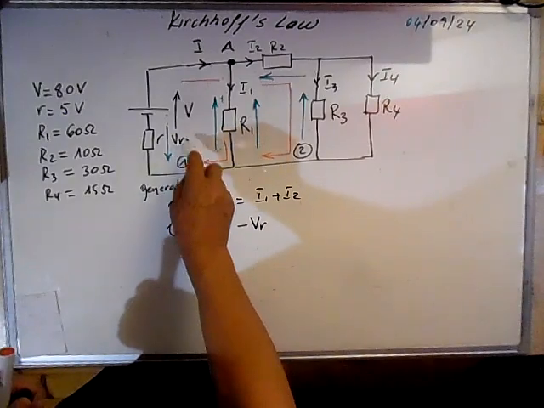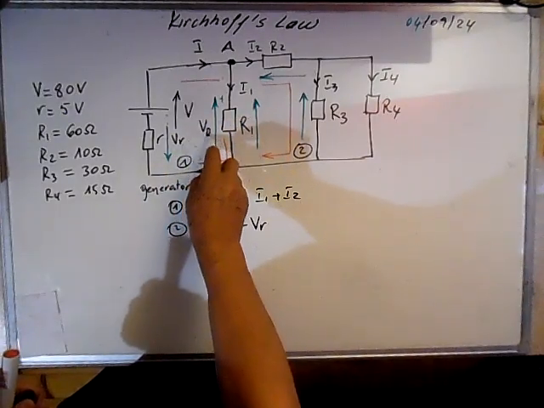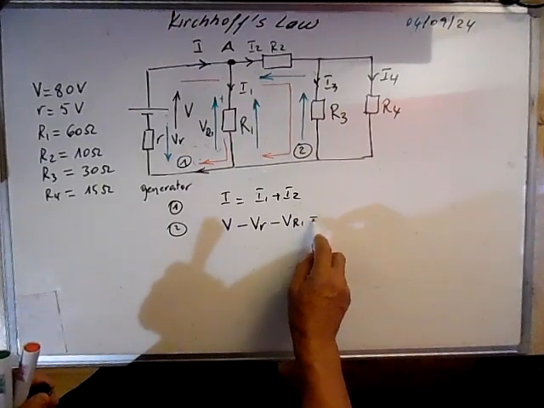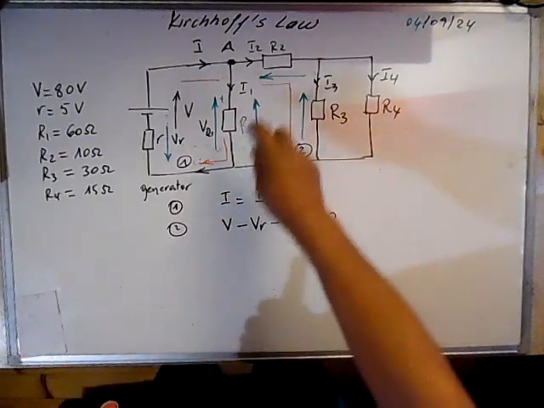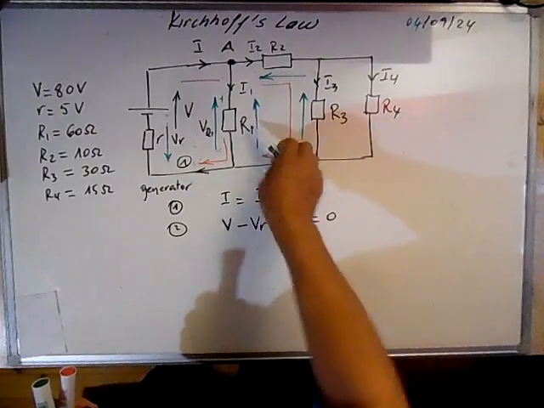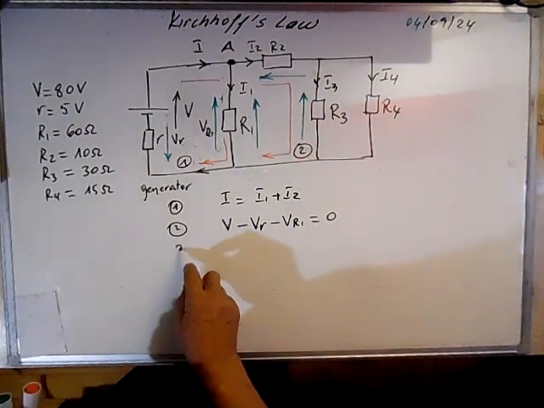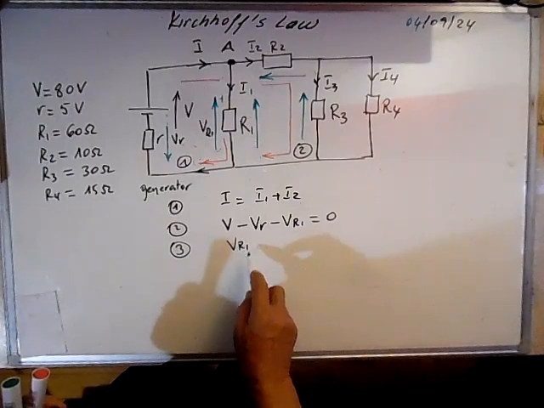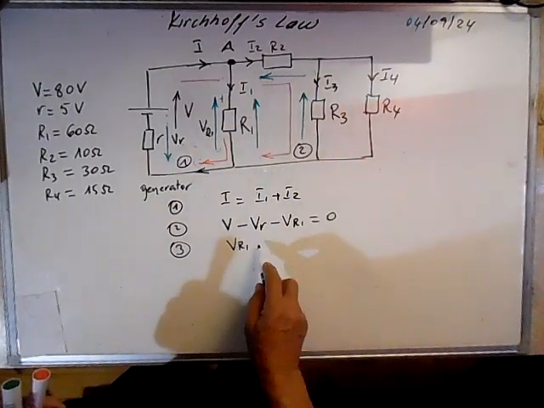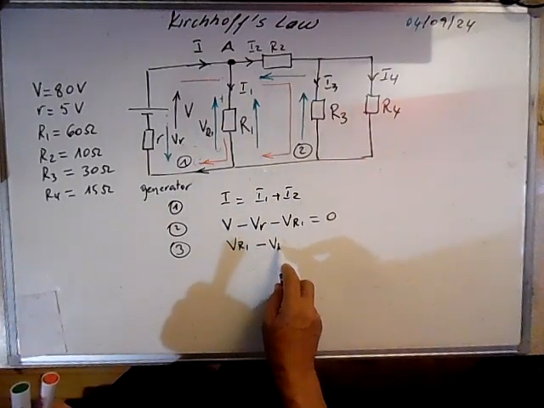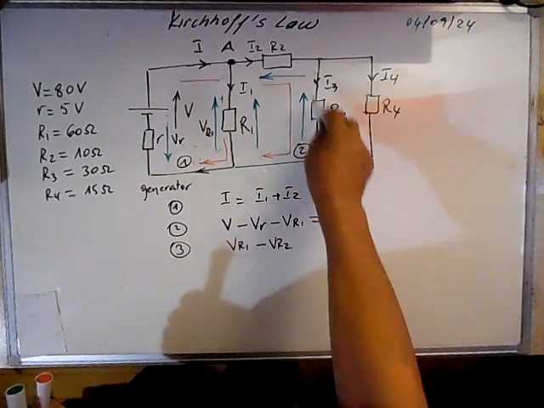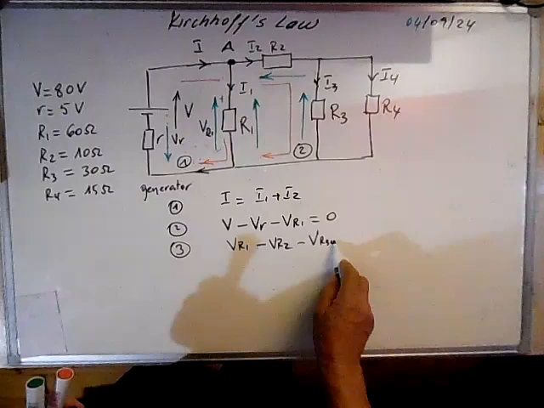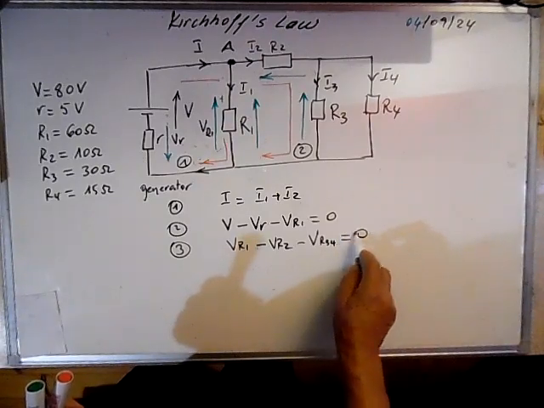This one is VR, this one is VR1, minus VR1 is equal to 0. Same thing here, this has the same direction, so we write VR1, opposite, minus VR2, opposite, minus VR3,4, is equal to 0.